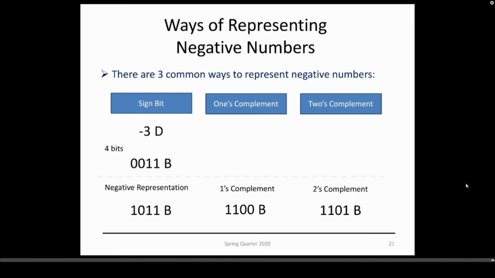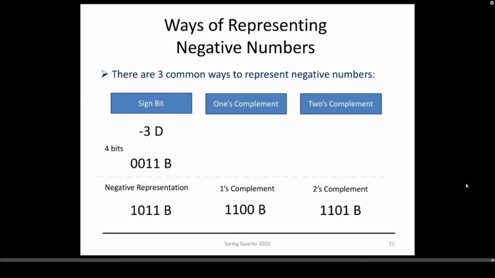This is just a summary of the 3 different types of representing negative numbers. There are advantages and disadvantages to using any of them. 2's complement is probably a little bit more complex in terms of hardware compared with 1's complement, but you can represent a little bit more numbers with this. We'll see it in a minute. And the sign bit is probably the easiest one, but you are limited on the amount of numbers that you can actually represent.